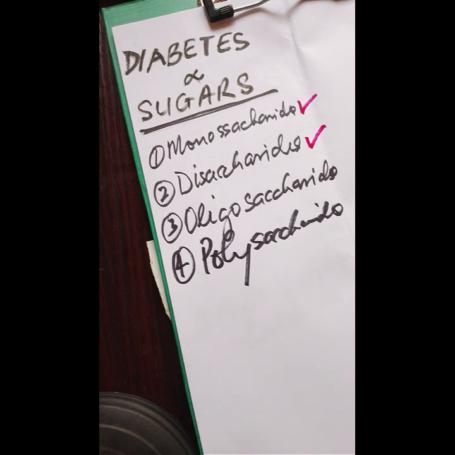We have milk sugar, which is lactose, made up of 50% glucose and 50% galactose. Then we have malt sugar, maltose, made up of 100% glucose. It has two molecules of glucose in one molecule of maltose.